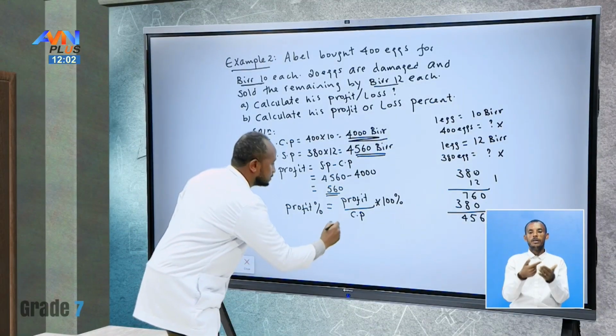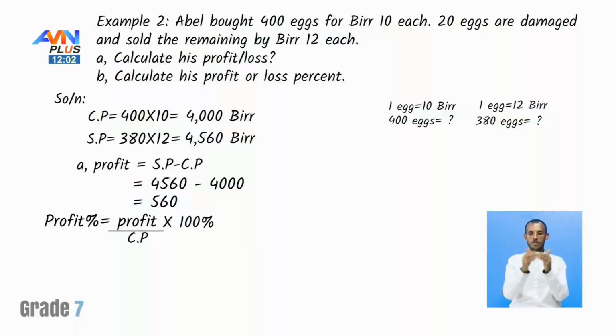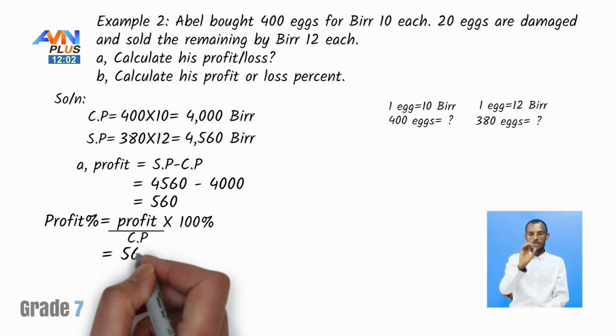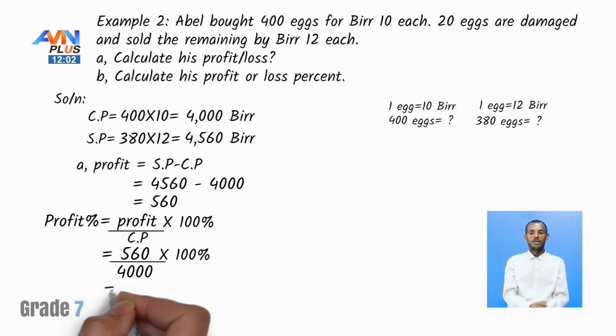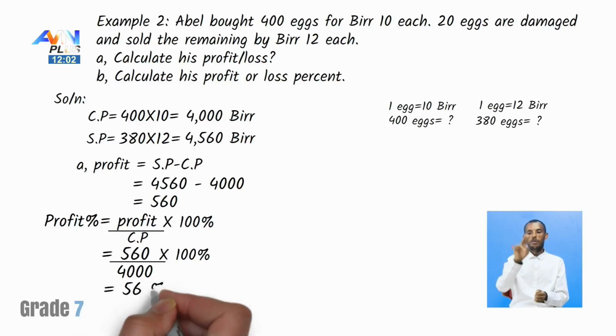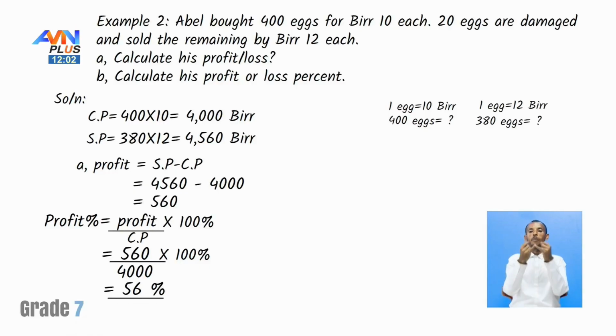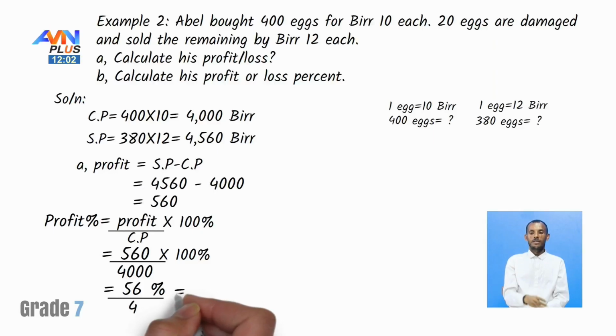The profit is 560, divided by the cost price. What is the cost price? It is 4,000, times 100%. Here, you can cancel 2 zeros by 2 zeros. You will have 56 divided by 4. So finally, when you divide this, you will have 14%. So this will be the final answer.